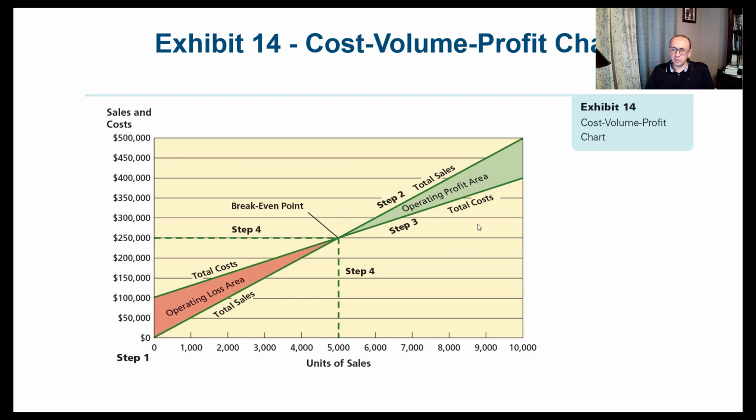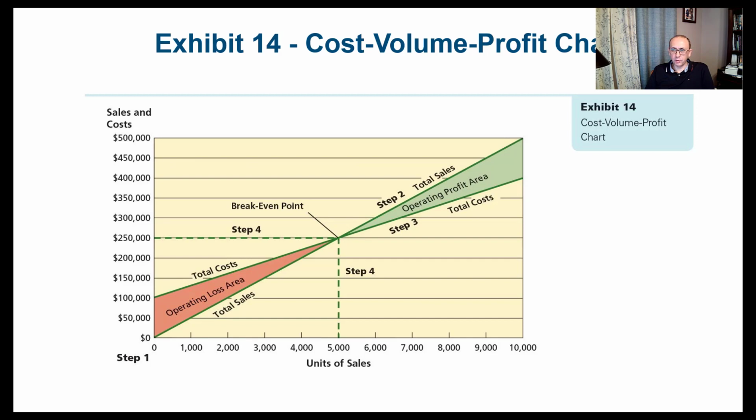And then the next line would be the total cost. The total cost line will have to start from the fixed cost point. And then we calculate the cost at 10,000 units, and let's assume here it's about $400,000. So we connect the line here, and that would be the third step. In the fourth step, we try to find the intersecting point of the total sales and the total cost lines.